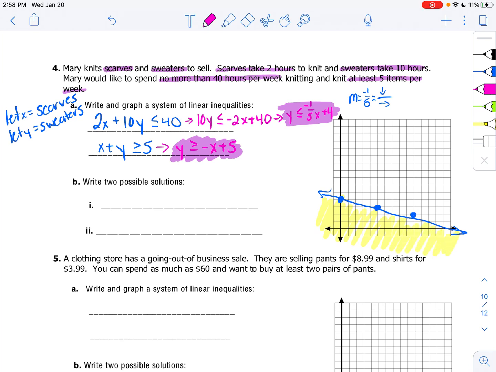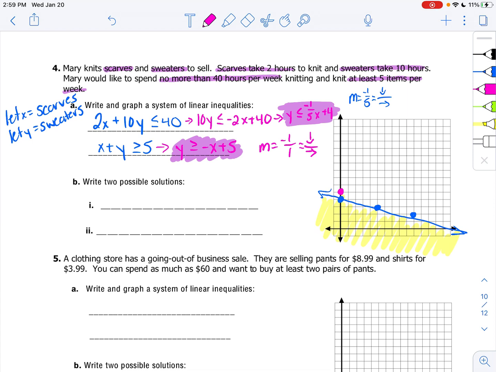And then our second inequality, y is greater than or equal to negative x plus 5. We have a y-intercept of a positive 5, which would be here on our y-axis. And our slope here is negative 1. So that's negative 1 over 1, which means we're going to go down 1 and right 1. Because remember, that's rise over run.